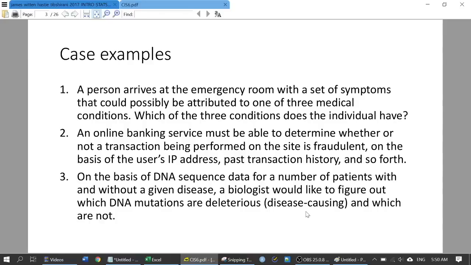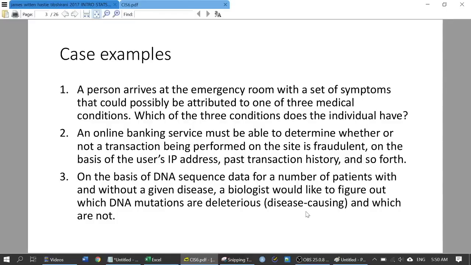This calls for a classification technique, where we classify this person based on his set of symptoms. In this problem, we have three levels of the response variable, three different conditions.